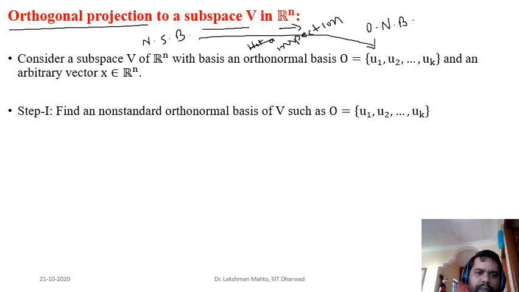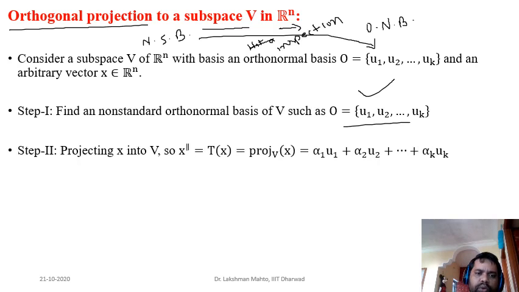So what is the first step? First step, we have to find a non-standard orthonormal basis of V. That one is this basis O, having each basis element a unit vector and perpendicular to the others. So this is an orthonormal set of vectors. This first step you can perform by hit and trial.